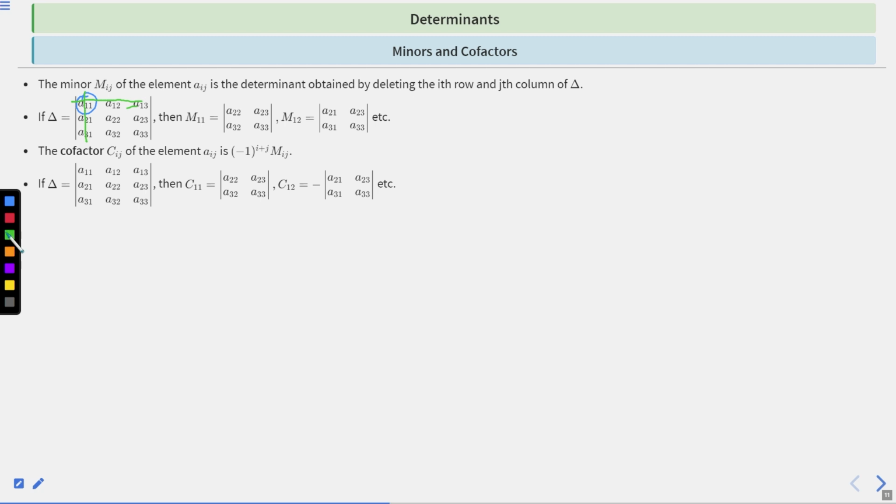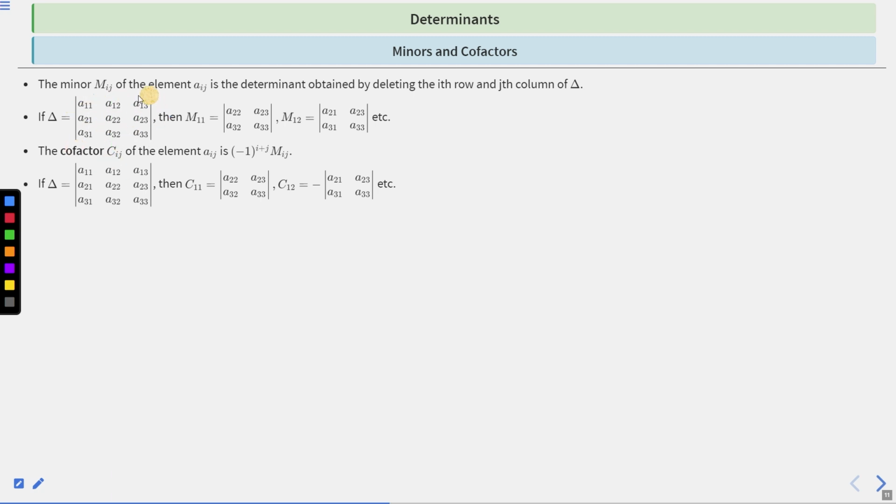Similarly, if we have to calculate M12, then the first row and second column will be removed. So what is left? A21, A23, A31, A33, right? These are the methods to calculate minors.